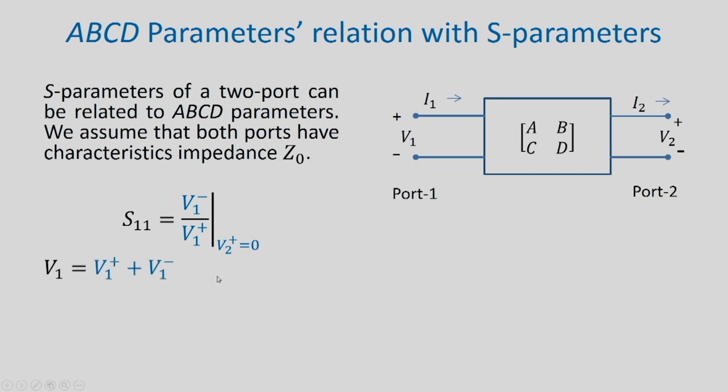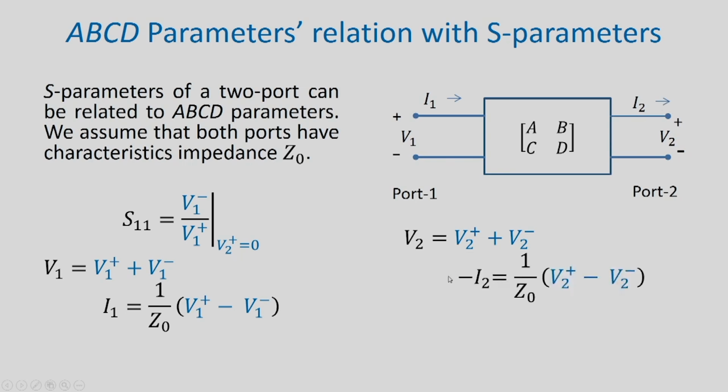So, we can write V1 to be equal to V1 plus V1 minus and I1 to be equal to 1 by Z0 (V1 plus minus V1 minus). Similarly, V2 is V2 plus V2 minus, but note that this current I2 here is an outgoing current, and that is why we write minus I2 equal to 1 by Z0 (V2 plus minus V2 minus).